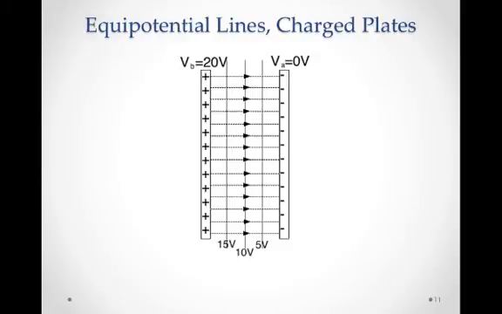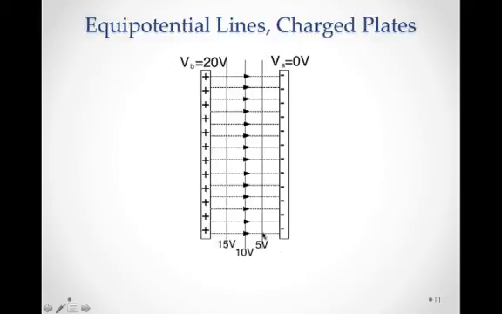We also have equipotential lines that are perpendicular to these electric field lines here, and the equipotential lines show the potential at different locations. Since our zero potential level was at this side, as we move across here and increase the distance, the potential increases linearly with distance until we get to our 20 volt level.